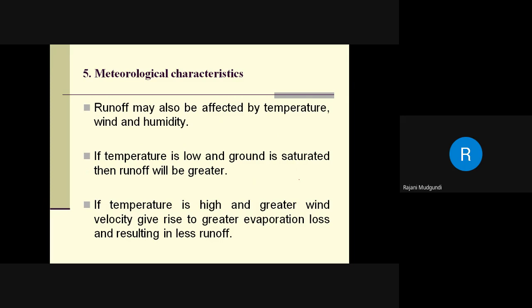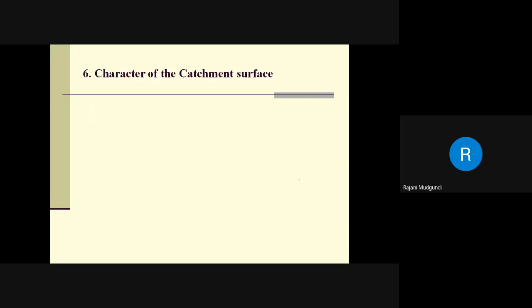Why? Evaporation loss will get reduced because the temperature is colder, and the ground is saturated, therefore the absorption loss will become less, so runoff will be more. If the temperature is high and wind velocity is greater, this gives rise to greater evaporation loss, and once the loss is more, ultimately the runoff is going to be less.